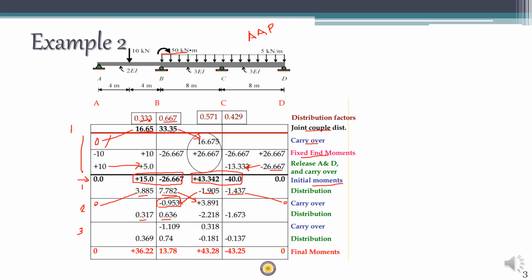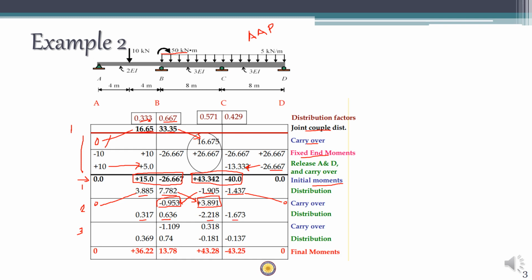Here we have plus 3.891, so this particular value you have to negate it: minus 3.891 multiplied by 0.571 will come here, minus 3.891 multiplied by 0.429 will come here. So this is the second iteration.